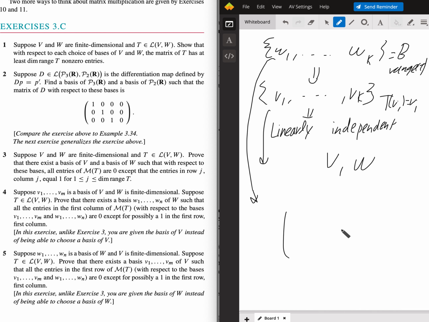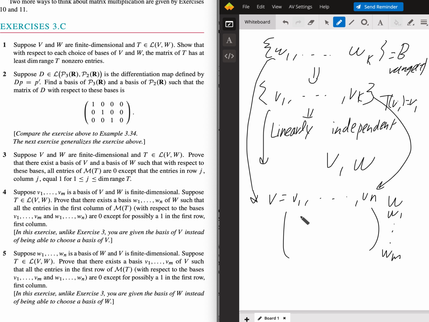So what we can do is just say that the basis I want for V is going to be V1 through Vn, where it's an extension of the basis V1 through Vk, and the basis I want for W is a basis from W1 to Wm, where it's an extension of the basis of the range of T from W1 to Wk.